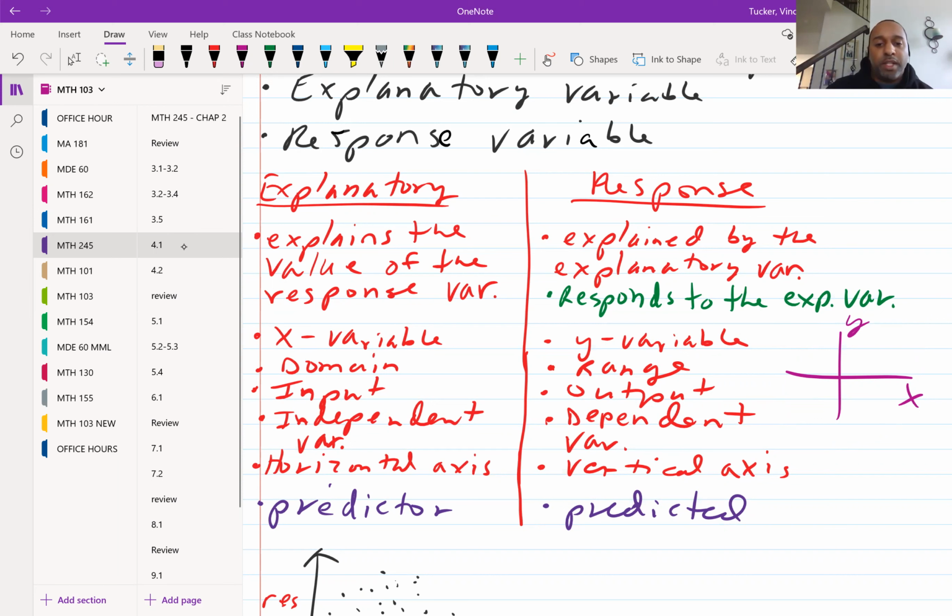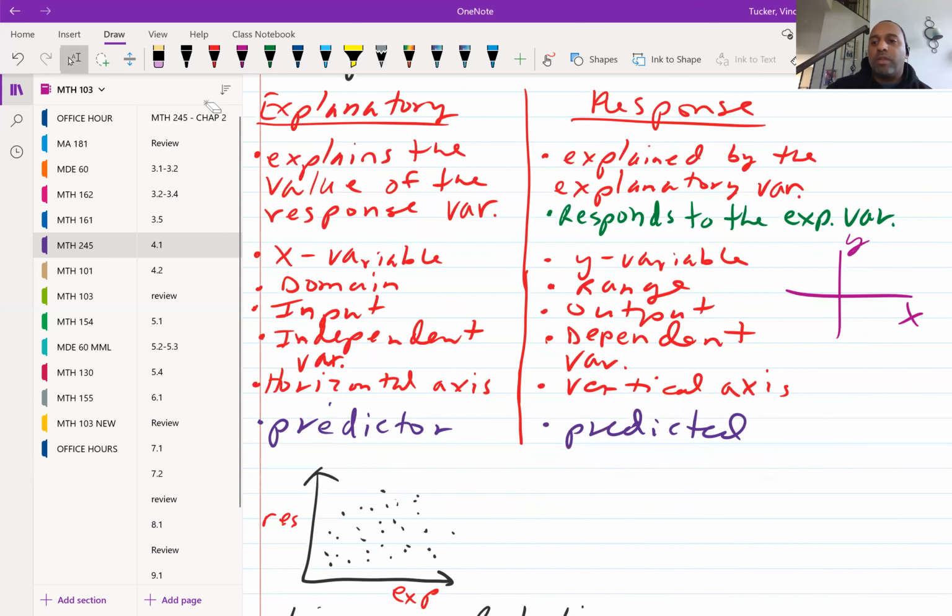Independent versus dependent, then your predictor versus your predicted. Remember, we were trying to predict how thick the book was going to be. And we already talked about scatter plots, but scatter plots are always in that first quadrant.